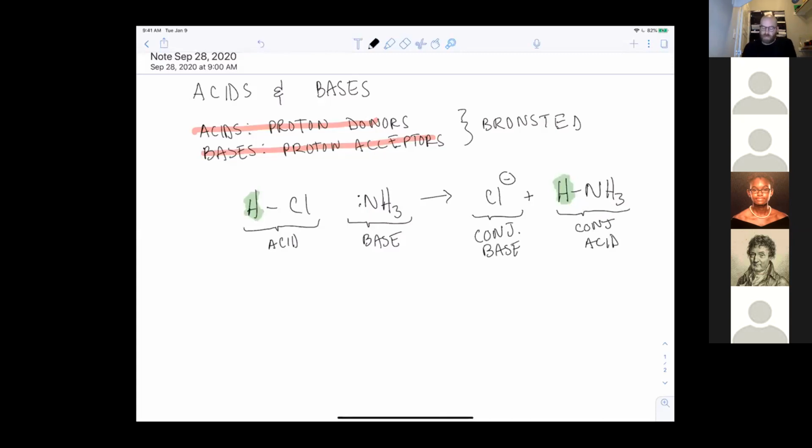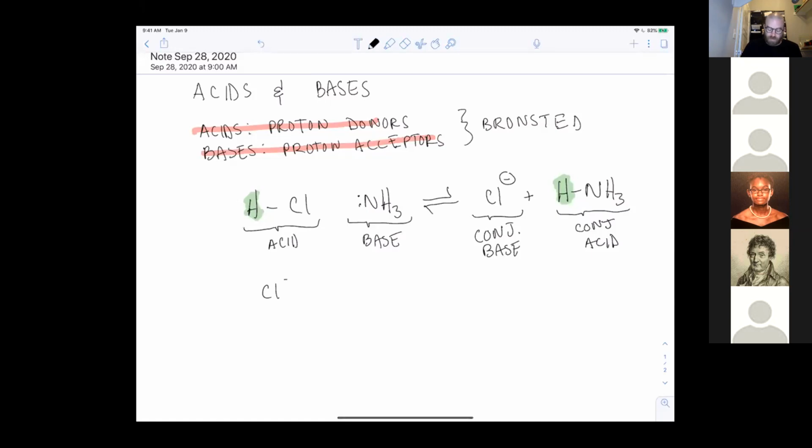The reason is that if you were to run the reaction in reverse, this reaction is reversible in the sense that all reactions are reversible, but it mostly runs in the forward direction. It has an equilibrium constant that is very large. But if you were to run the reaction in reverse, then you can see that things behave, by our definition of proton donor and proton acceptor, differently.